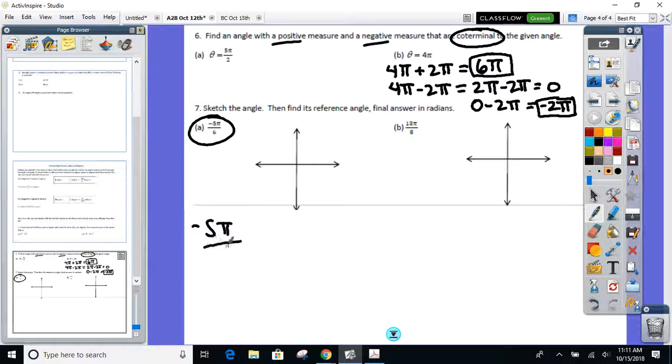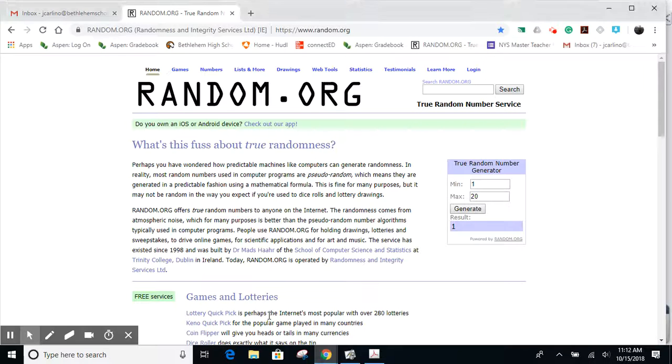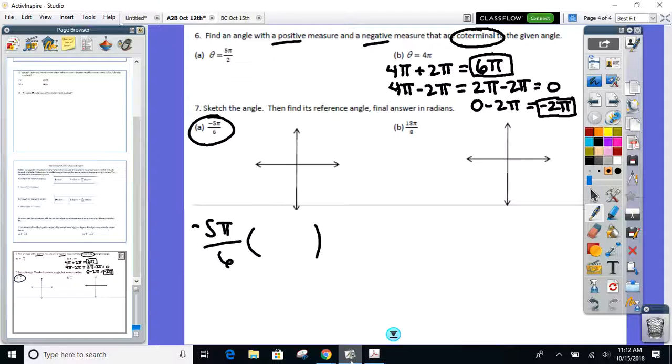Negative 5 pi over 6. Look on your reference sheet. What do you multiply that by to turn it into degrees? 180 over pi. The pi's go.